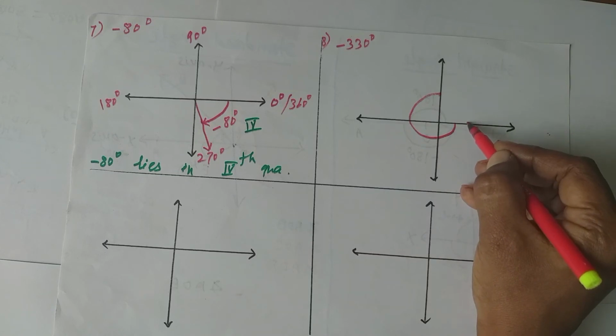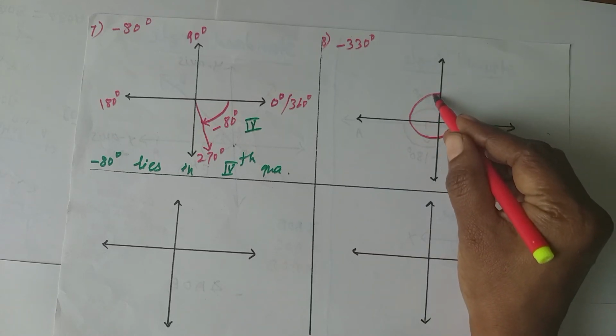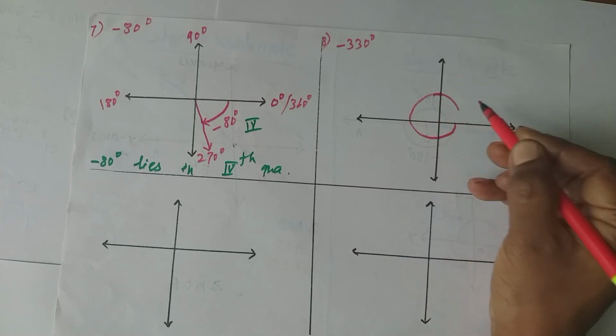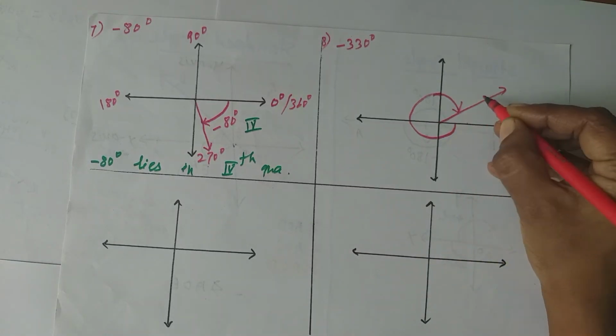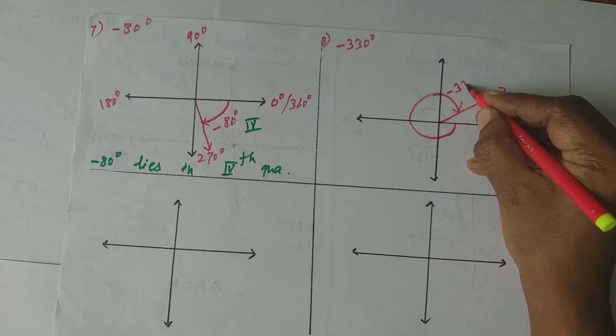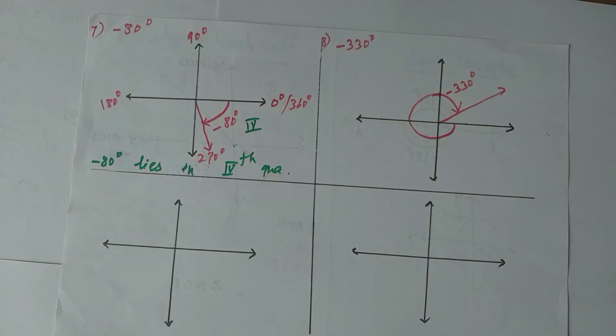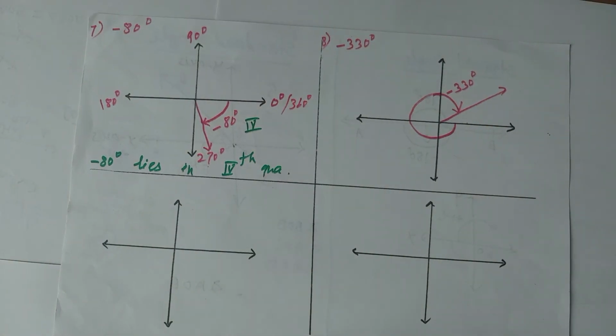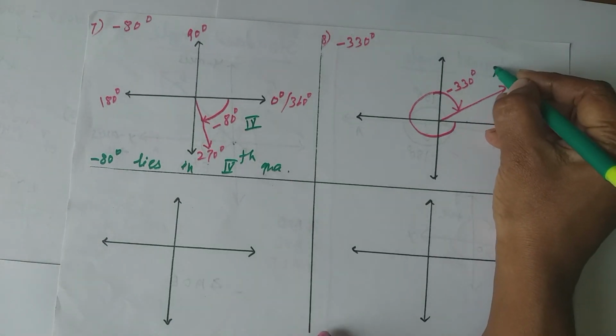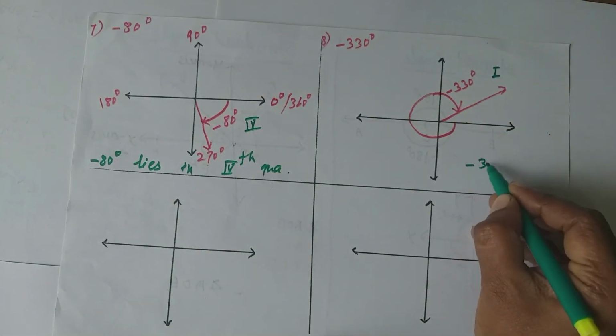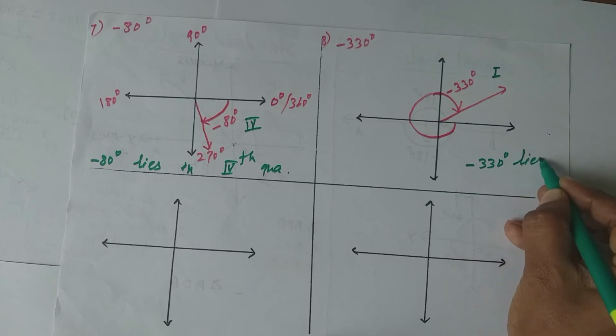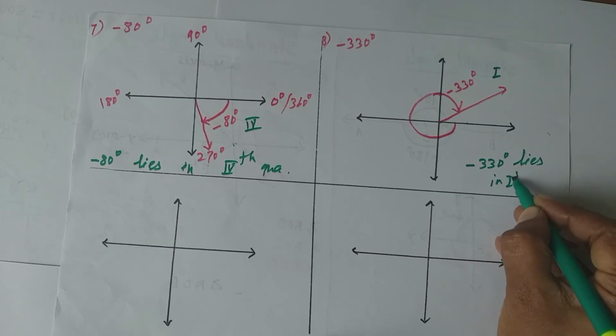After one complete rotation, this is minus 360, and minus 330 is less than that, means somewhere here. This is your angle of minus 330 degree. And in which quadrant does this lie? This lies in the first quadrant. Therefore, you write down minus 330 degree lies in first quadrant.